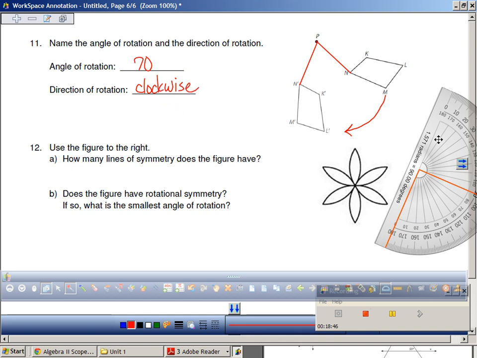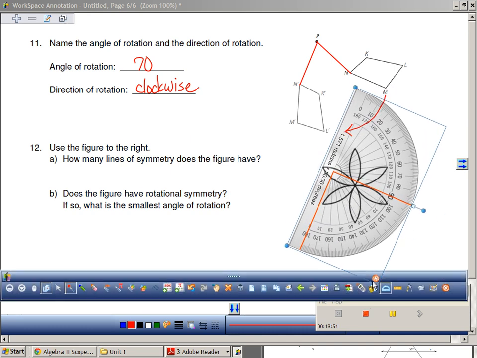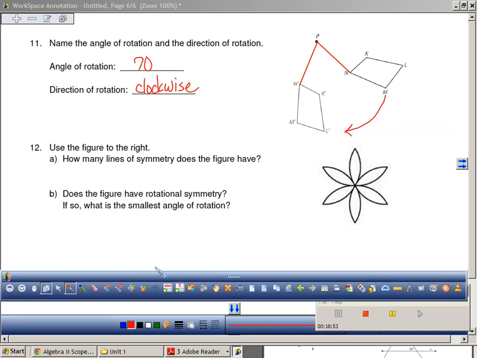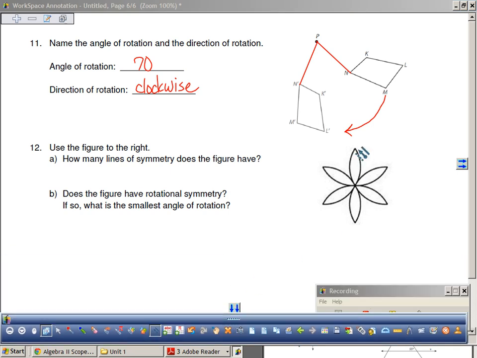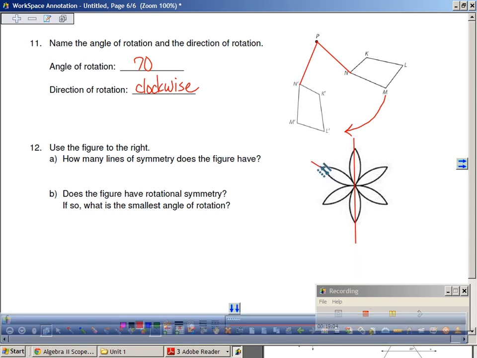Okay, use the figure to the right. How many lines of symmetry does it have? A lot? Okay, let's start counting them. The obvious ones are these, right? 1, 2, 3. Any more? Straight in half.